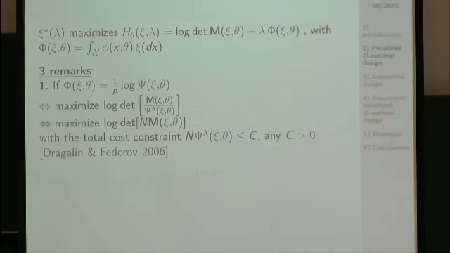And it's again equivalent to maximizing the total information, where n is the number of patients, with the total constraint on the cost of this form. And why this? Because this is exactly the formulation that was used by Vladimir and Valery.